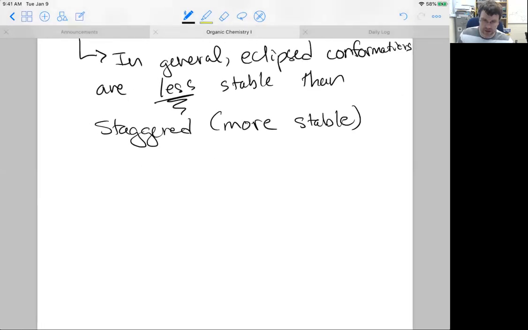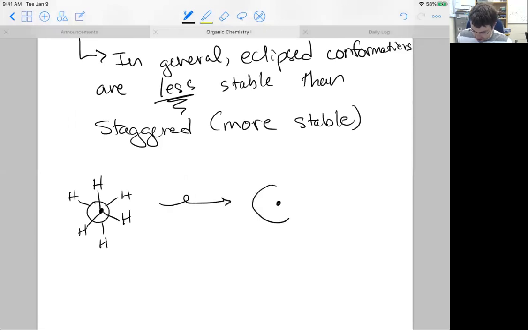Just from your own ability to draw these things as Newman projections, when you go from an eclipse conformation to a staggered conformation, or a staggered conformation to an eclipse conformation, it's a little bit more difficult to draw that eclipse conformation.